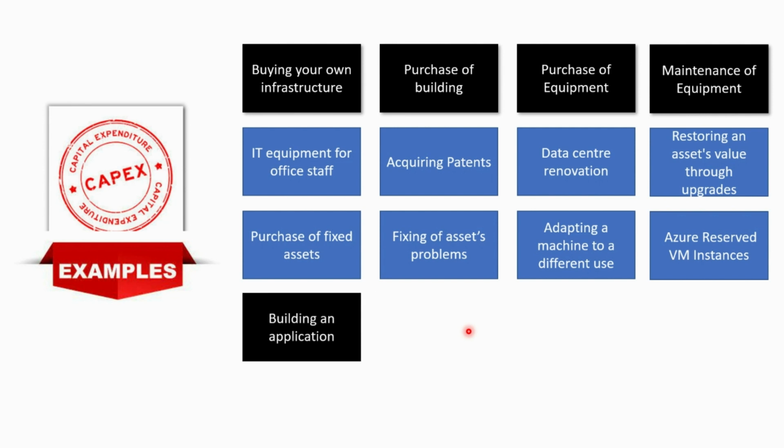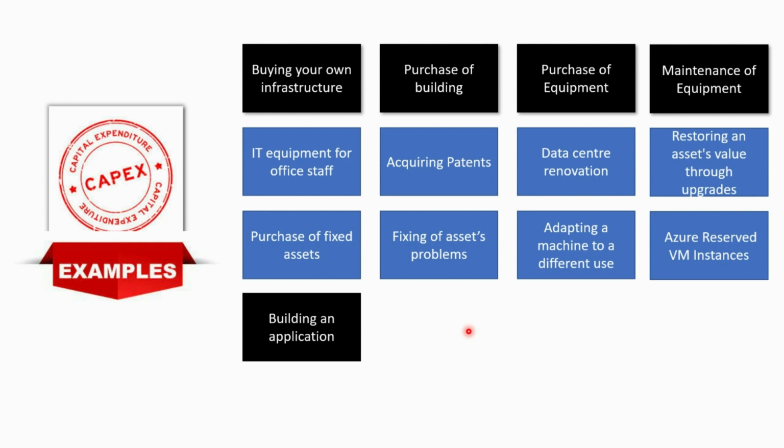Next, building an application itself is considered as a capital expenditure, because building an application starts from due diligence to proof of concept, then design discussion, architecting, then building the application, and so on up to deployment.